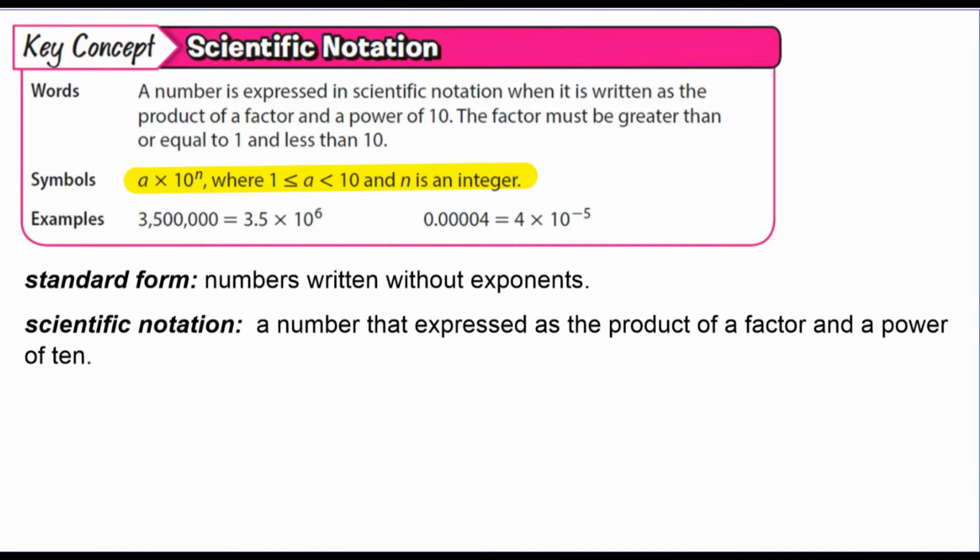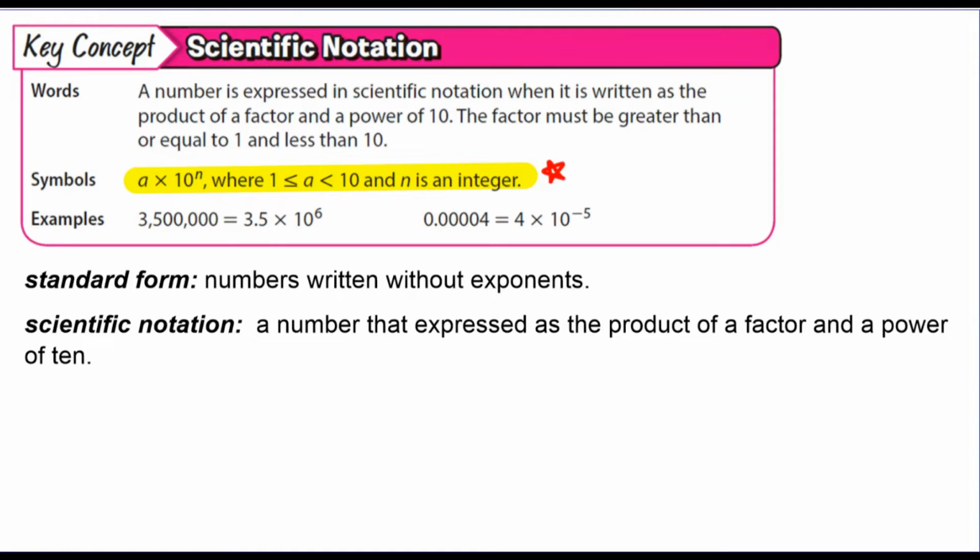Now, scientific notation uses powers of 10 and factors to write very large or very small numbers, but we have to follow specific rules, and I have those highlighted right here. Scientific notation is a number that is written as the product of a factor and a power of 10, but the factor must be greater than or equal to 1 and less than 10.